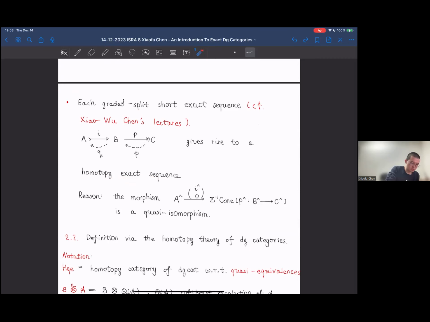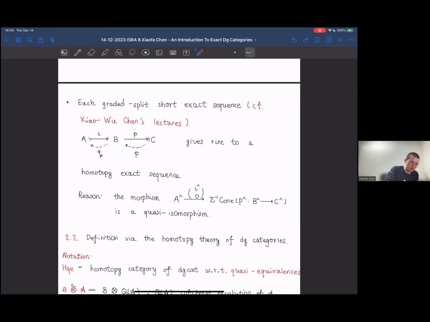So it's given by 3 objects in the DG category A, which form a short exact sequence, and it splits in the graded category. So the composition of these two is identity, the composition of these two is identity, and the sum of these two is identity. The composition of these two is 0.